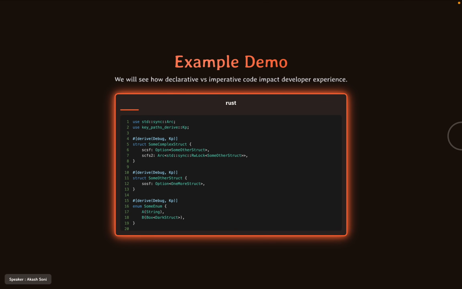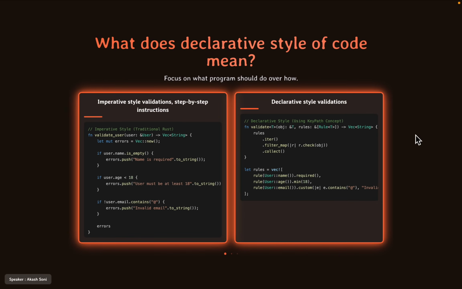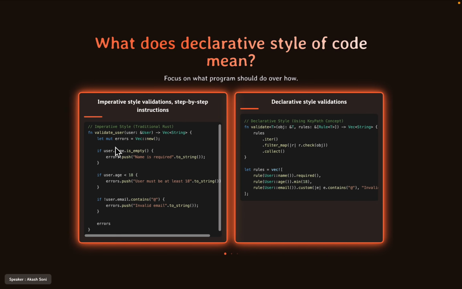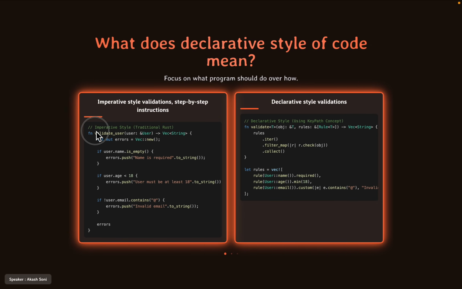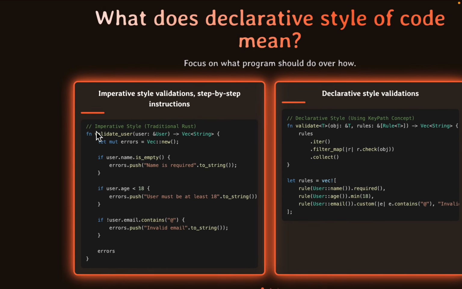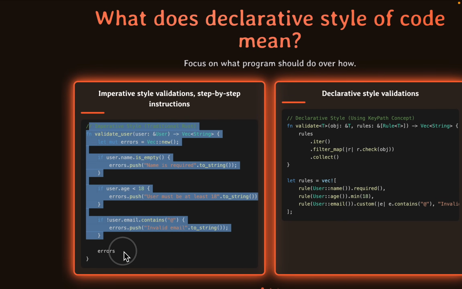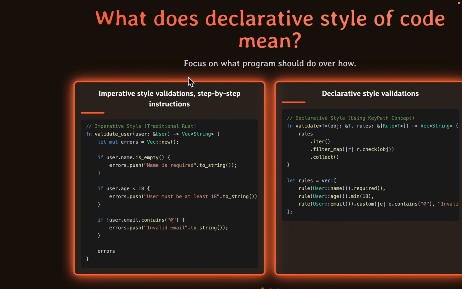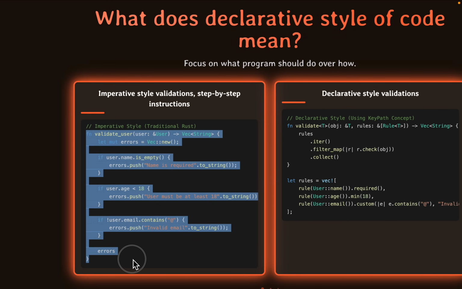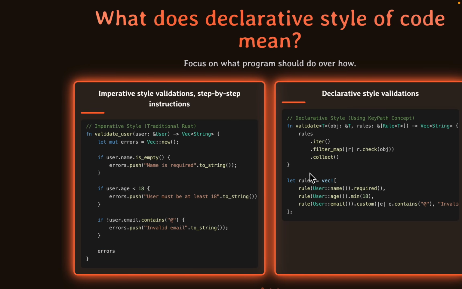Okay, so let's wrap it up quickly. This is a small hint of imperative versus declarative style of validation, where we are focusing on how a validation should happen versus what should happen in a validation.